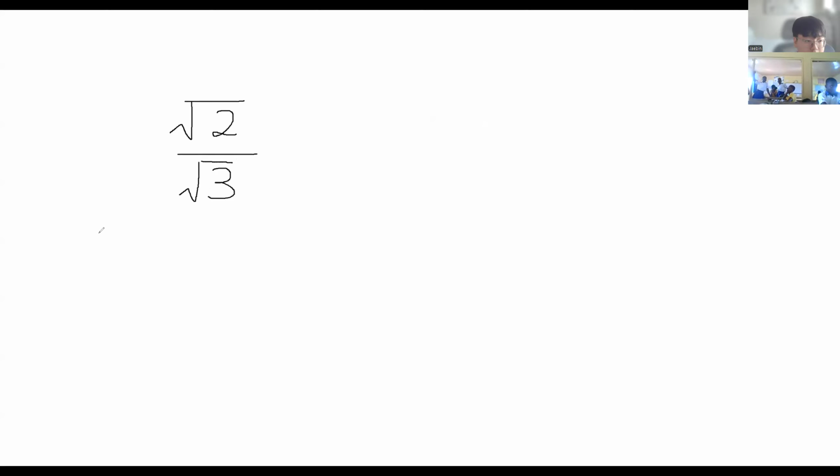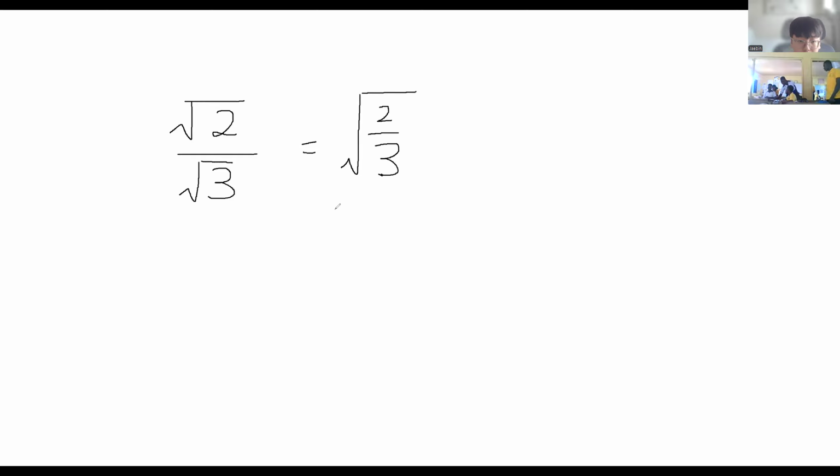Oh, yeah, so this is actually the property of square roots. You can make this all fit under the square root of 2 over 3, and simplify it like this.